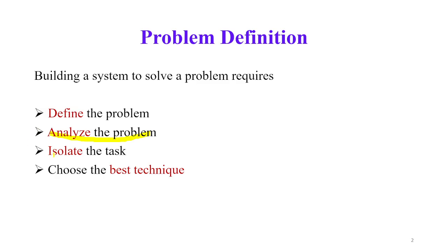The third step is to isolate the task. What do we mean by isolating the task? You have to narrow down and tell what the agent actually needs to do at each step. That is isolation. Finally, we have to choose the best technique, whether it's a search algorithm, a planning approach, or a logic based system.